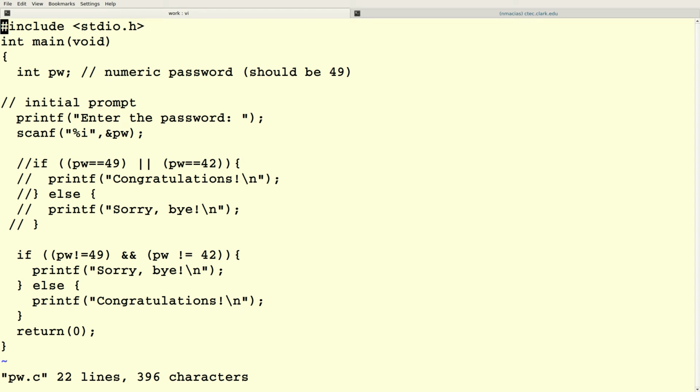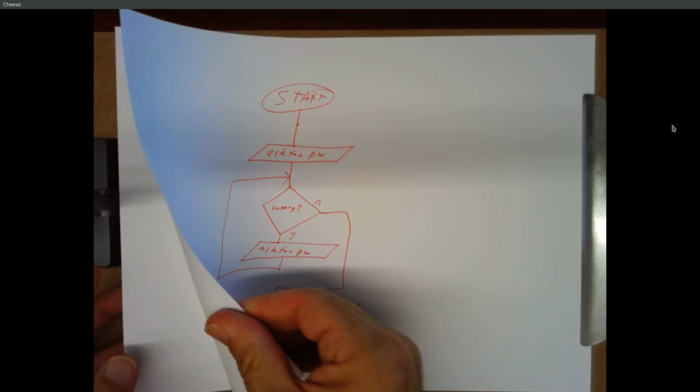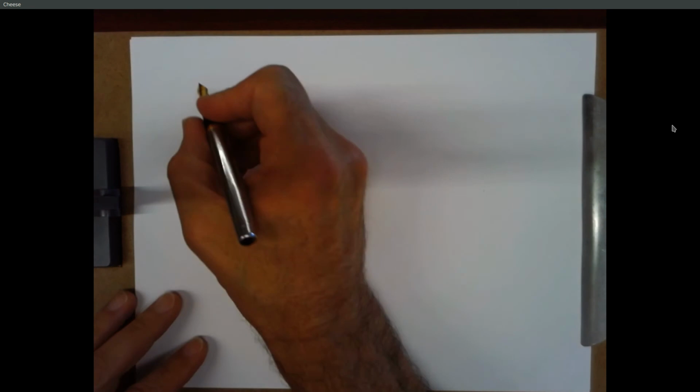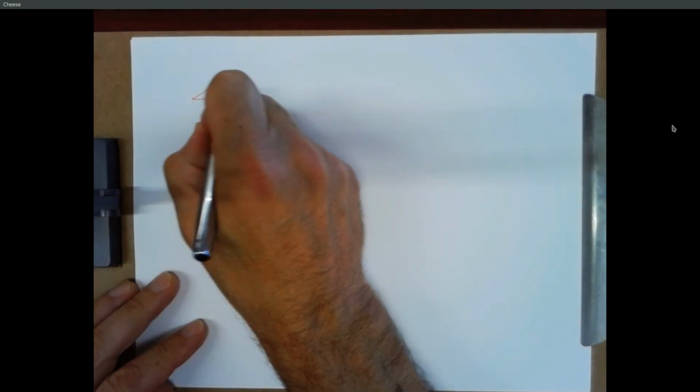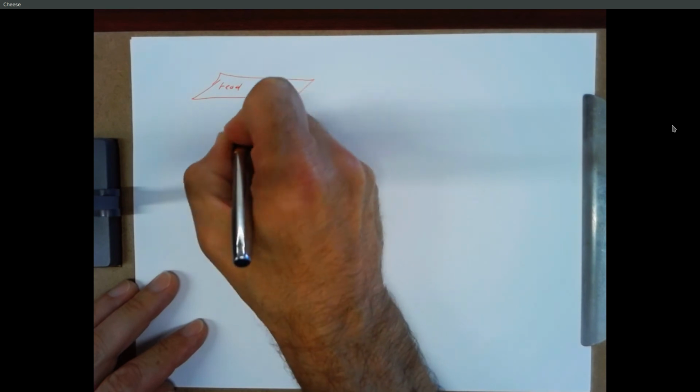That's a really good question. Suppose we wanted to let them have 3 tries. One way to do it would be to have some nested if-then statements. So here's one approach. Read the password.